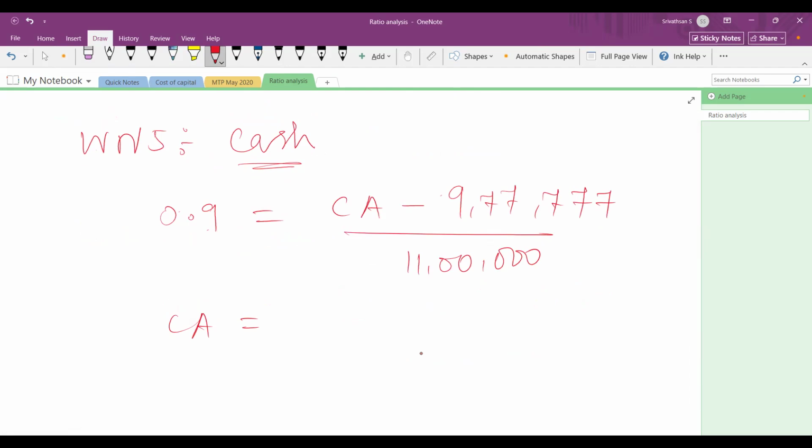So how much cash? 1 lakh 92. 12 lakh. 12,223, right? Cash.